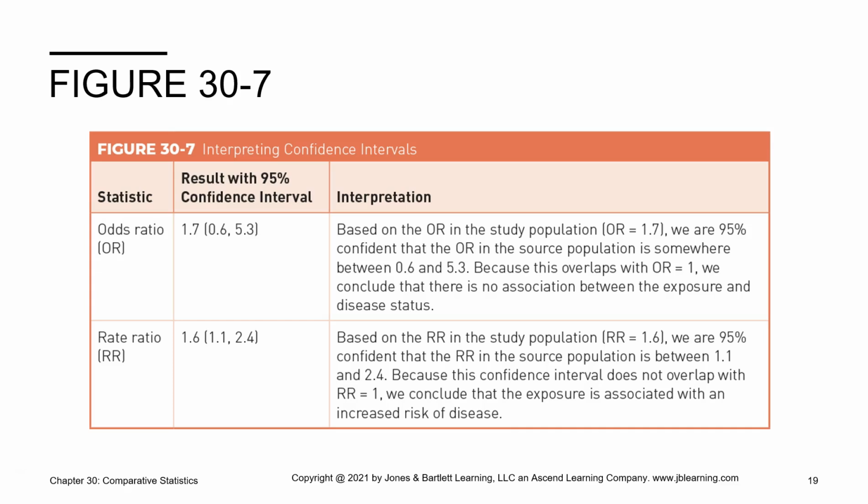And here are some interpretations as well. If our odds ratio is 1.7, but our confidence interval is 0.6 to 5.3, then there's no association between the exposure and disease. The rate ratio below is interpreted very similarly. If it's 1.6 and you have a confidence interval of 1.1 to 2.4, then we conclude the exposure is associated with an increased risk of disease, because the confidence interval does not cross 1.